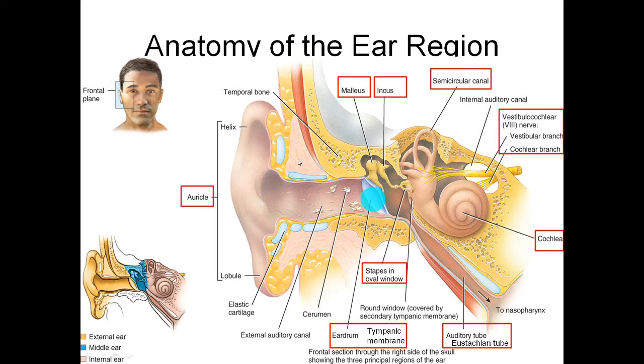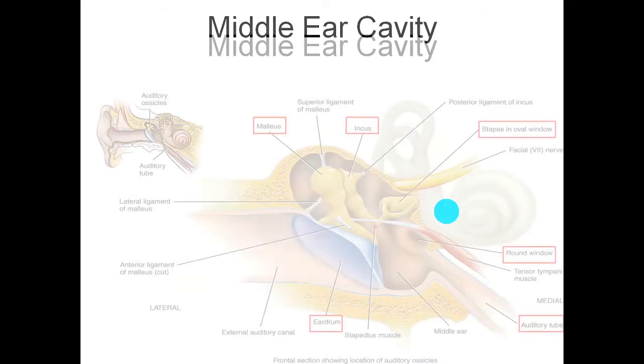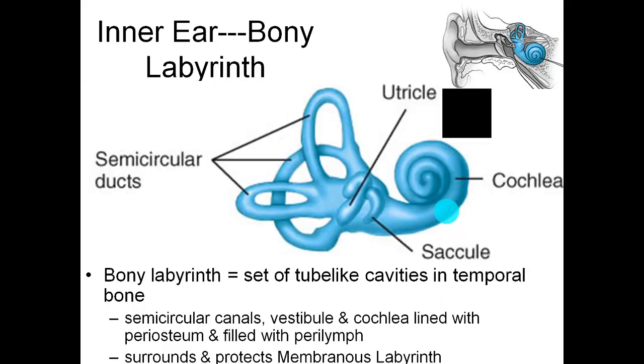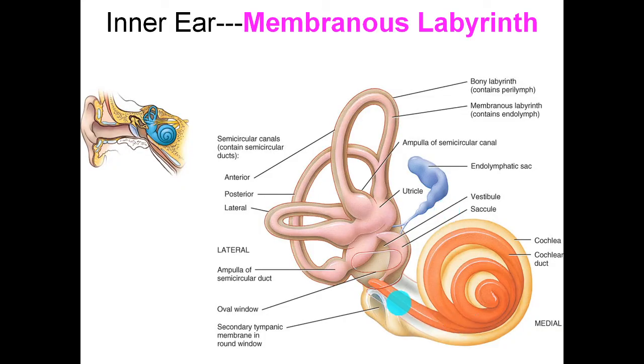The tympanic membrane vibrating hits the malleus, vibrates, hits the incus, vibrates, hits the stapes, vibrates. The stapes then thumps up against the oval window, and the oval window vibrates, and that sound vibration goes into the vestibule, this middle part of our inner ear, and then into the cochlea. Now, in the cochlea, the sound vibrations are going to go into our cochlear duct, and it's going to affect the organ of Corti.